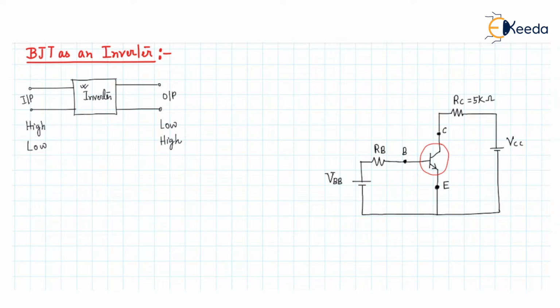How can a BJT be operated like this? For this case, let us assume that we are taking the output voltage from this terminal.